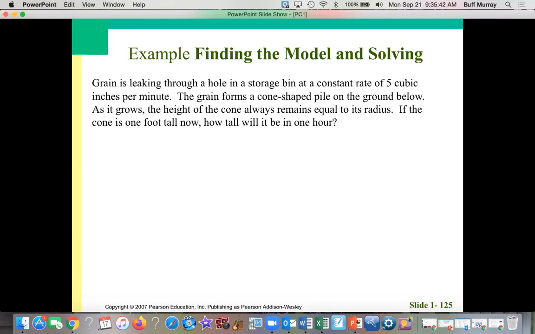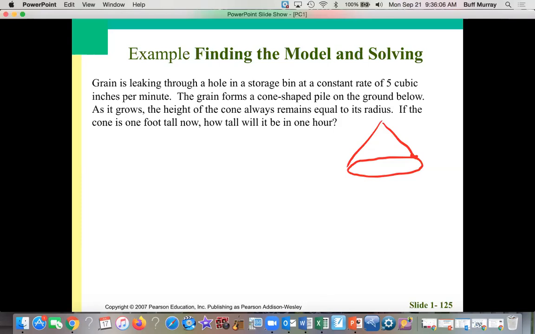Okay. Right, so I think drawing a picture might help. It says that the grain is forming a cone-shaped pile on the ground below. Right, there's our pile of grain.